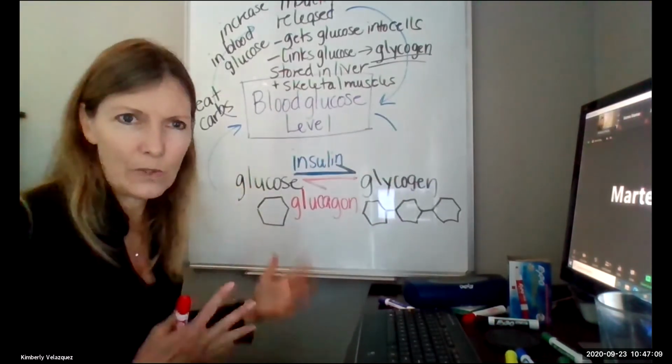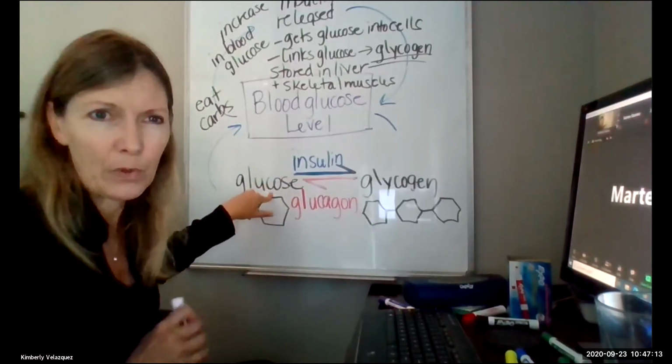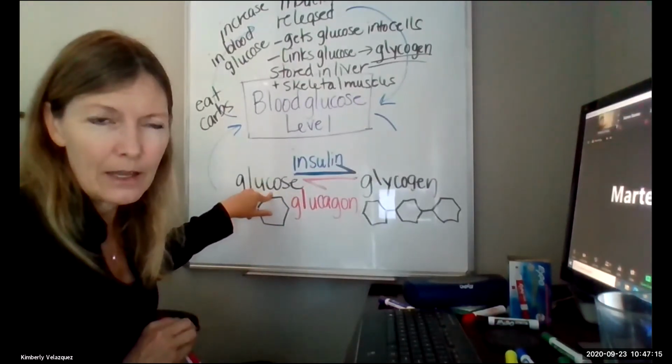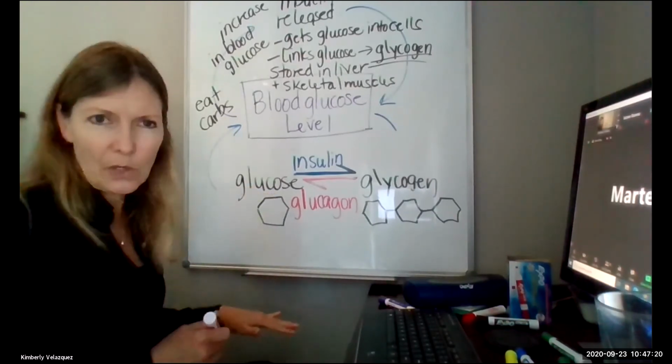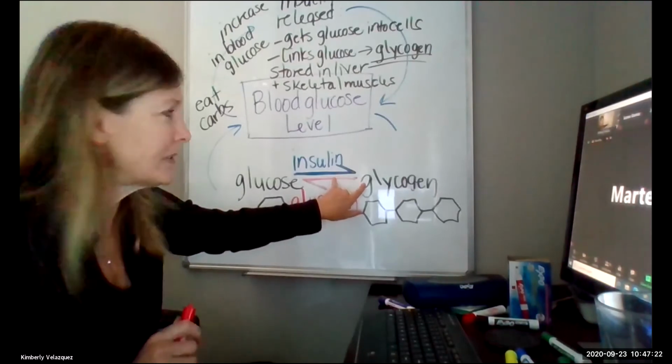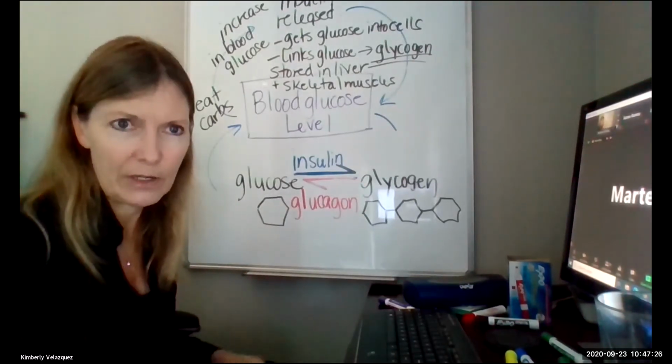So one of two things can happen. Either we release all of our glucose before we eat again, and as soon as this glucose level is dipping so low and we don't have any glycogen left, we're going to release some hormones that are going to cause us to feel hungry.